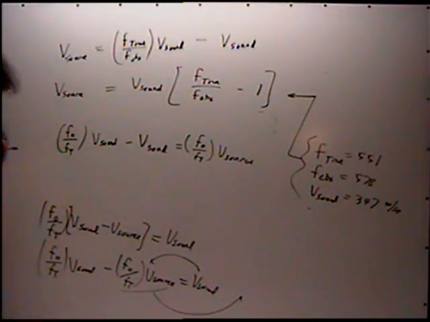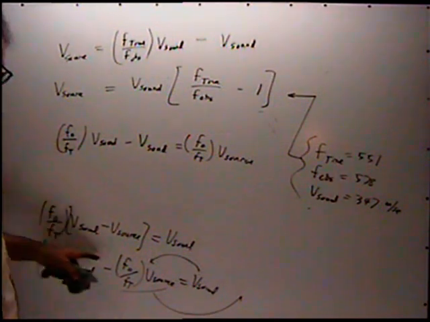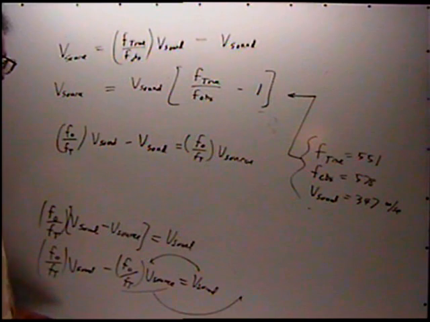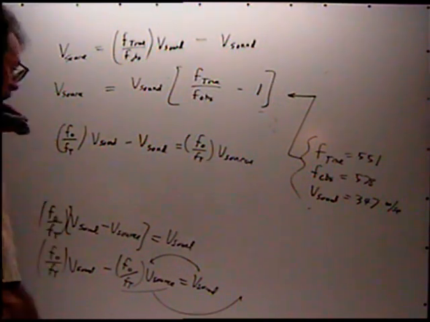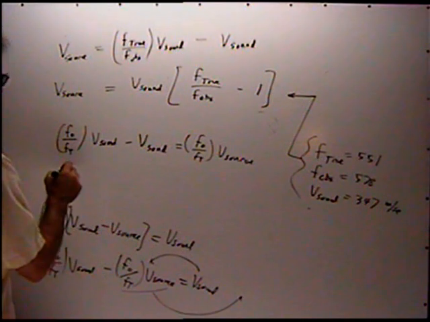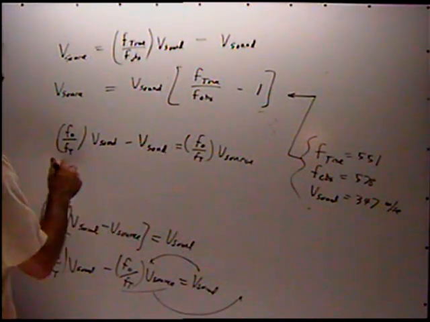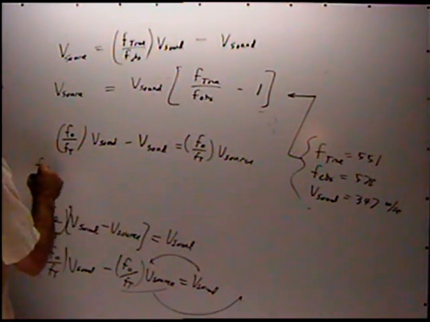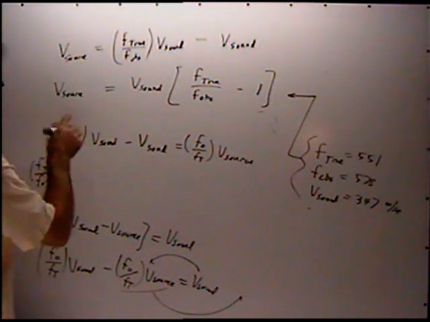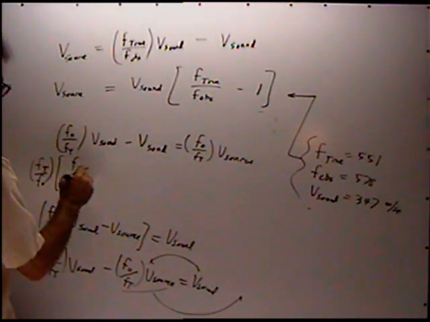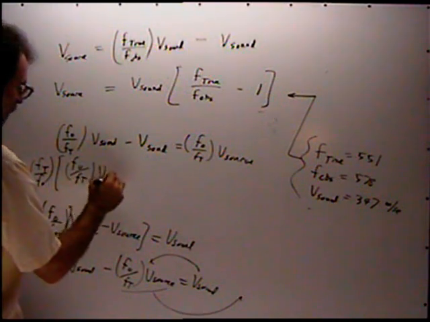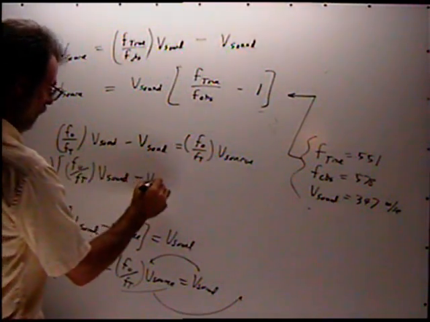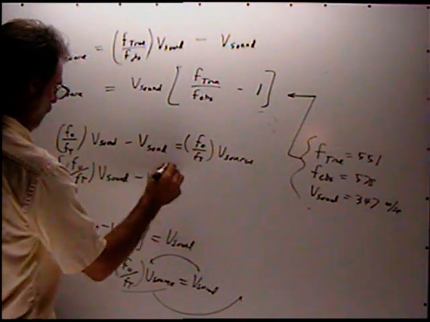Does that look right? Let's see here. Hopefully I did it right. Okay, and then I multiply this through this ratio, and I get F true over F observed multiplied by all of what's on the left-hand side, V sound minus V sound.